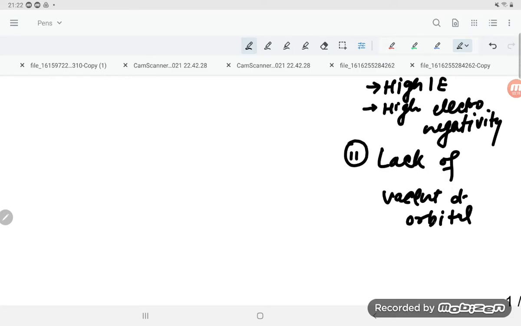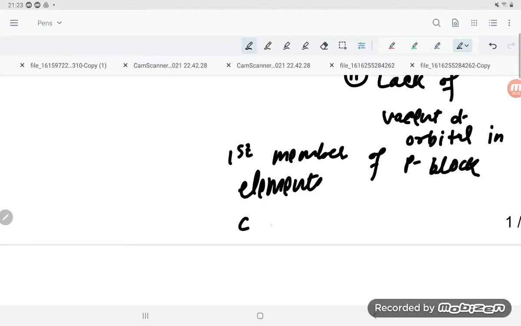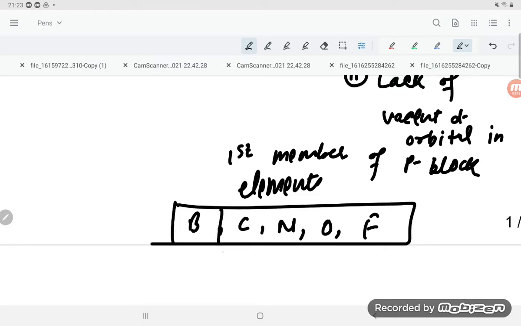So lack of vacant d orbital in the first member of P block elements. The first members of P block are boron, carbon, nitrogen, oxygen, fluorine. These many elements are there.